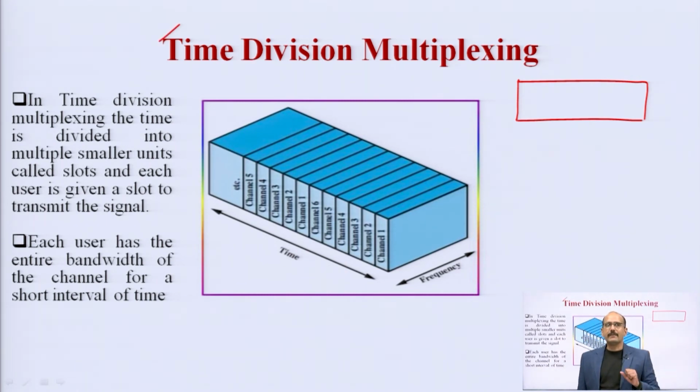Actually in time division multiplexing, we are going to make a packet. If there are n users, then this single packet has a share for n users, and this particular packet is defined in terms of time.